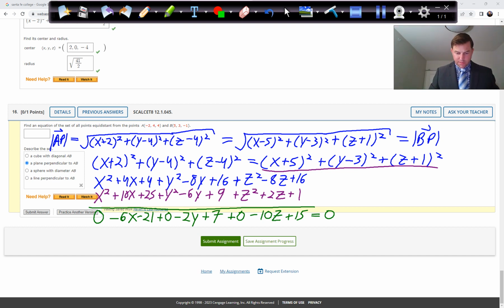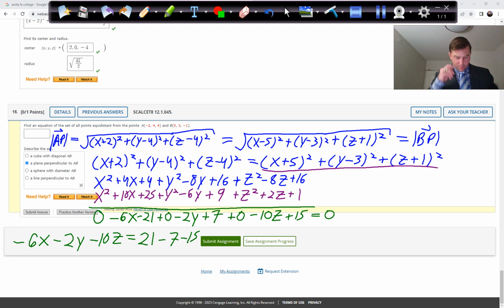Okay, so now let's see if we can simplify that. We're going to end up with, on the left, minus 6x, minus 2y and minus 10z. All the numbers are going to go to the right side, and they're going to flip. So this is going to be 21 minus 7, zeros don't matter, minus 15.